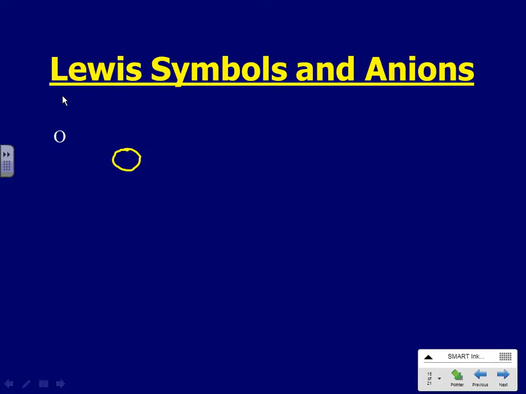Lewis diagrams have the dots: 1, 2, 3, 4, 5, 6. I'm hoping you can figure that out for yourself, right? 6 electrons in the outer shell. This time we are adding electrons into those empty spaces. And this time the dots around the symbol will be full, 8 full, because they didn't disappear, they were added.